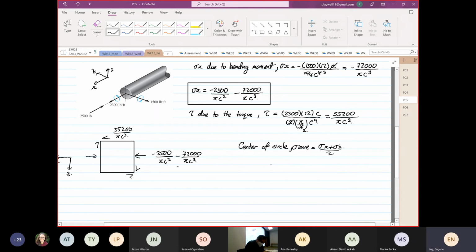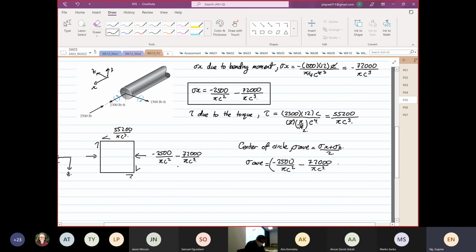So our stress average will be equal to minus 2500 over pi c squared minus 72,000 over pi c cube, right?